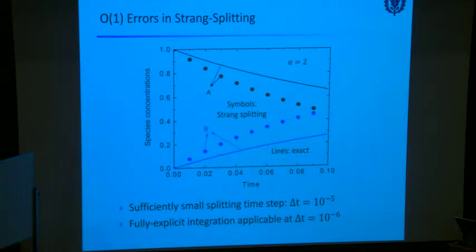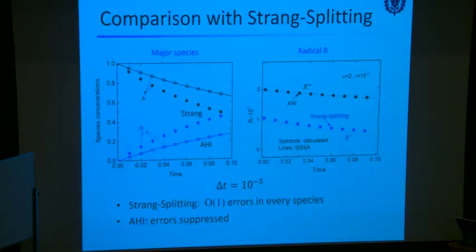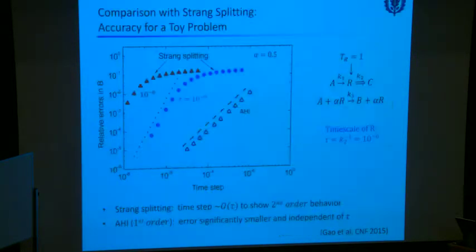And how can you suppress the splitting error? You have to reduce your time step. Let me just show you how small you need. You know this Strang splitting for this toy problem, right? This tells you how much error you will have in the product. So basically, you see the time step range for this normalized problem. So from here, you should already get quite a reasonable agreement.